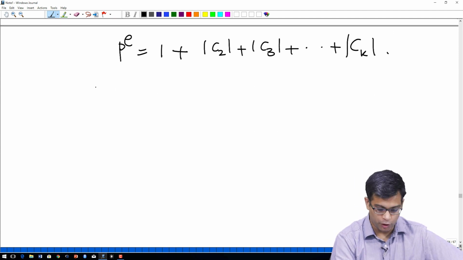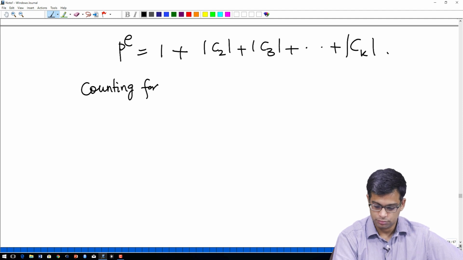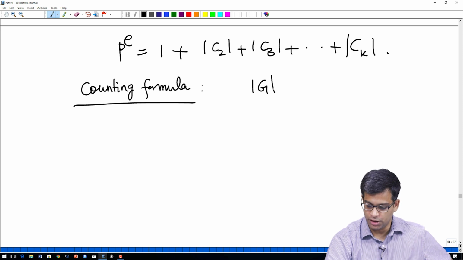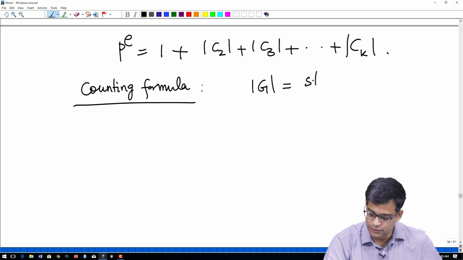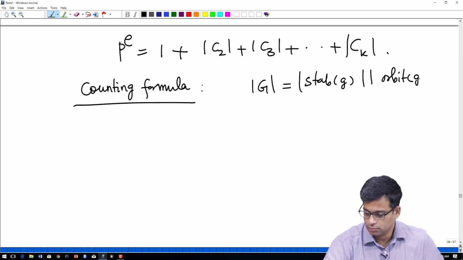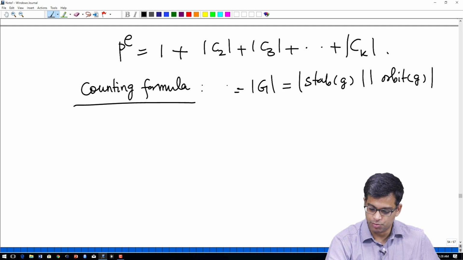Now, we further apply group actions. So, what does the counting formula say? The counting formula says the order of G is the stabilizer of some element times the orbit of that element. Again, this is p power e.